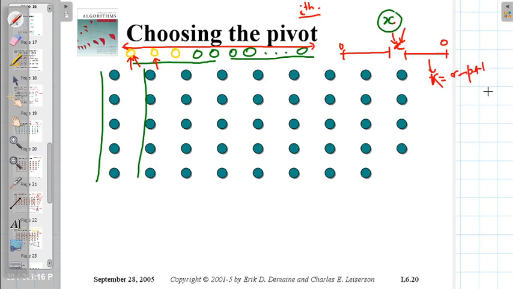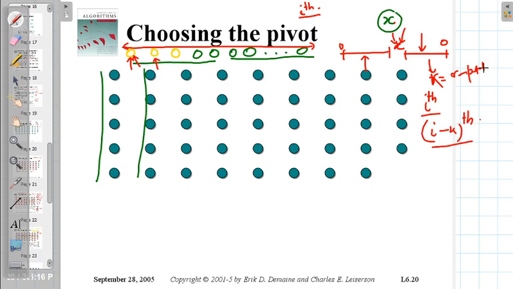Depending on the ith smallest element, if I have to recurse in this list, I find the ith smallest element in that list. If I have to recurse here, then I find the (i minus k)th smallest element in that list. So that procedure remains the same.